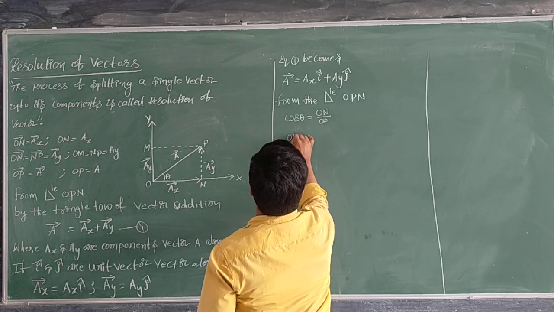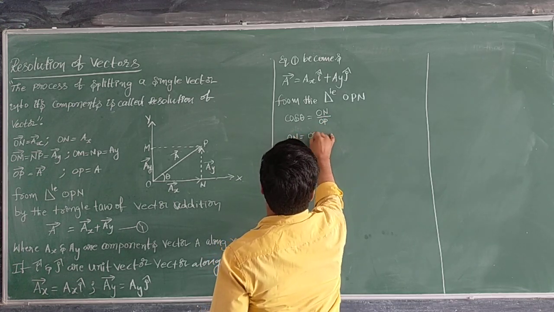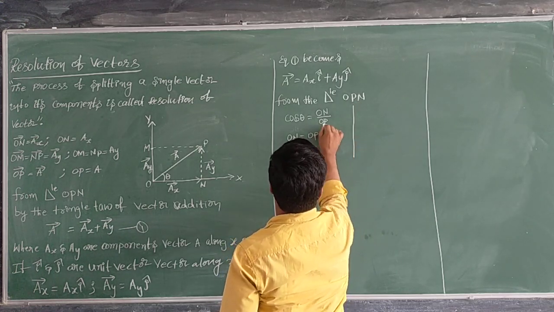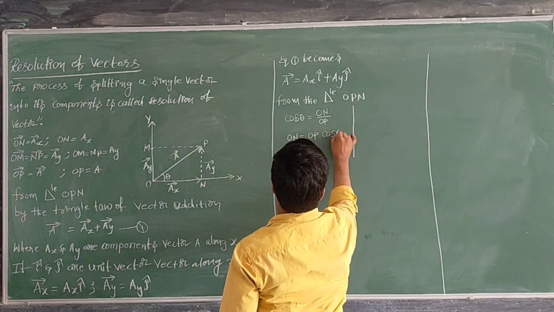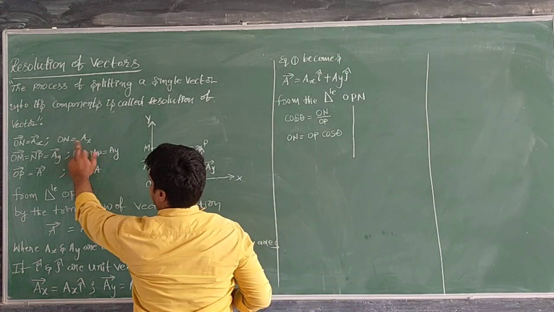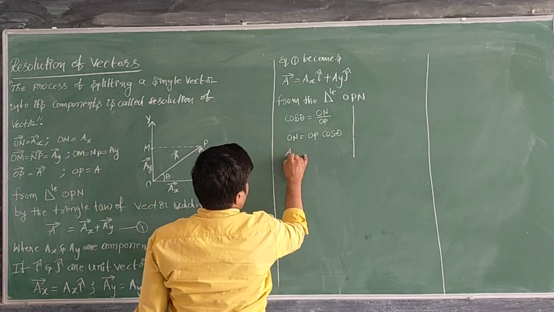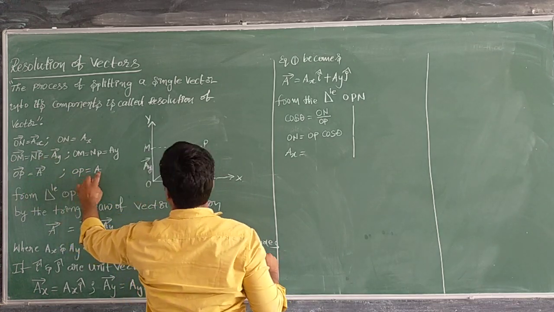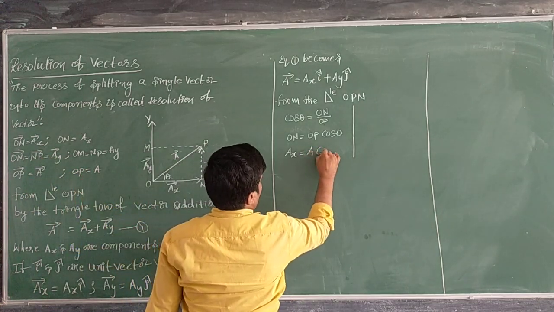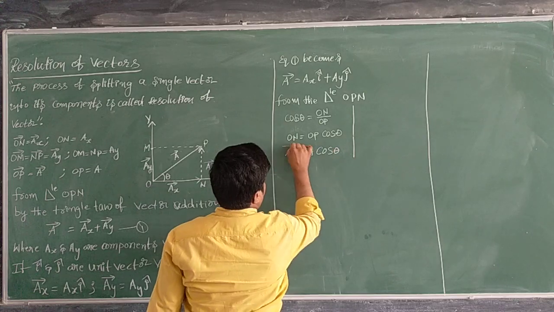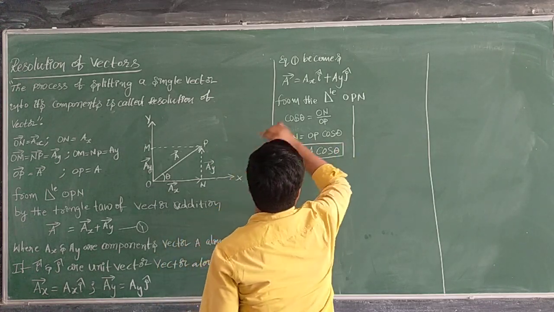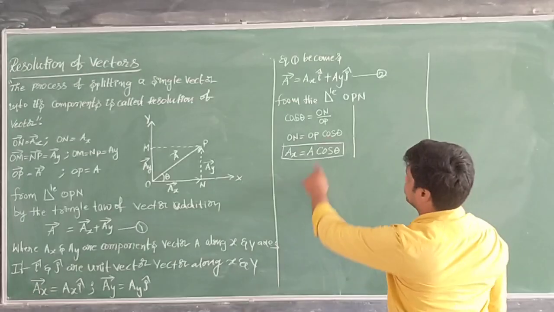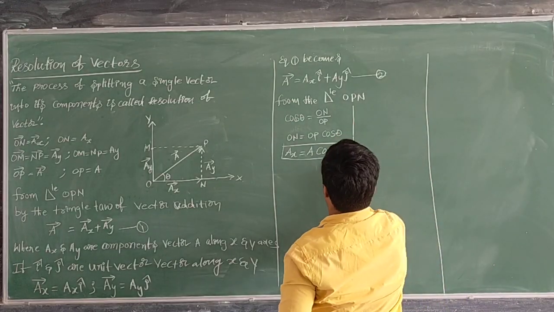From this, ON is equal to OP into cos theta. ON is nothing but Ax. So Ax is equal to OP, and OP is A cos theta. Ax value is equivalent to this much. Now this one you write as equation number 3.